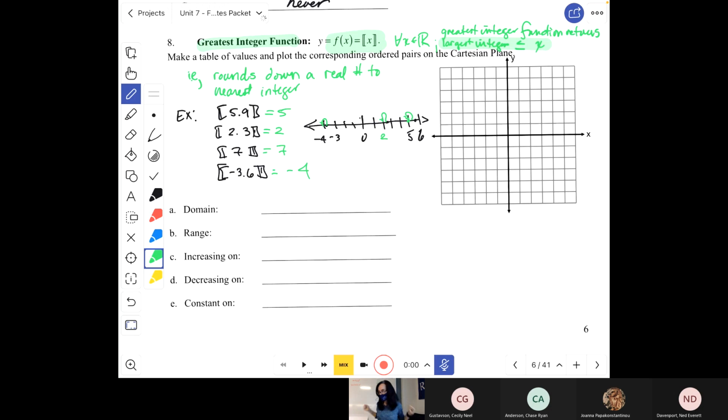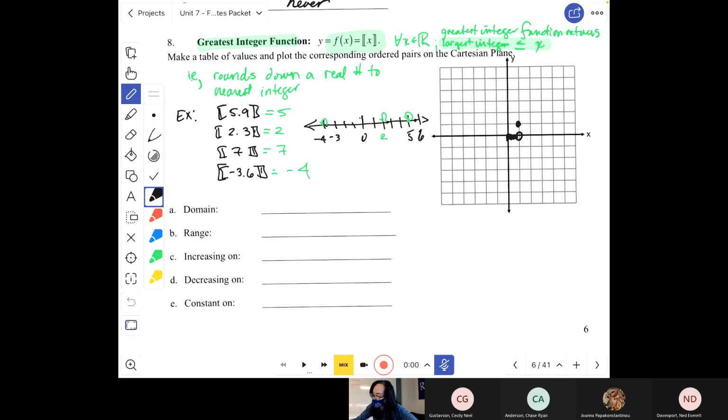Now, what on earth does the graph of the greatest integer function look like? Well, let's build it. Let's think about it and let's build it. If x is 0, if my input is 0, my output is 0. It's an integer, right? As I increase all these little fractions, I'm still going to be rounding down to y equals 0, right? But as soon as I get to 1, my output is 1. Does that make sense?